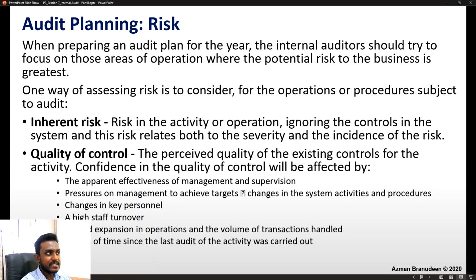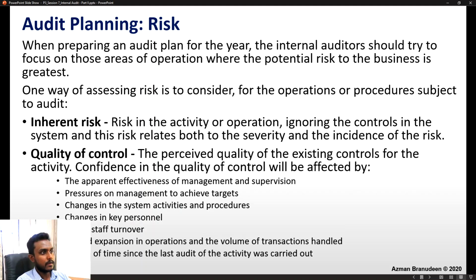Then you look at the quality of control. That is the perceived quality of the existing controls for the activity. Confidence in the quality of control can be affected by the apparent effectiveness of management and supervision. It could be affected by pressures on management to achieve targets, even changes in the system activities and procedures, changes in key personnel, high staff turnover, rapid expansion in operations and the volume of transactions handled, and even the length of time since the last audit of the activity was carried out.